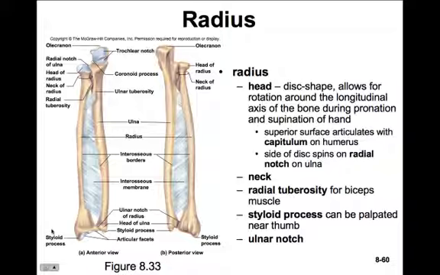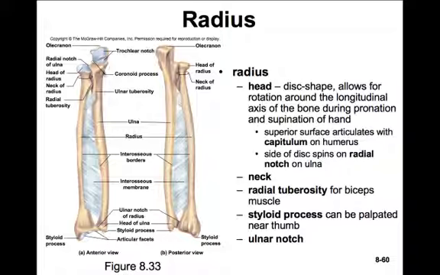The radius has a head, which is the disc-shaped portion. This allows for the rotation I was just speaking of. The superior surface of it, the slippery surface of the head of the radius, articulates with the capitulum of the humerus.